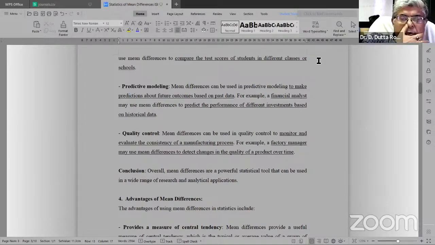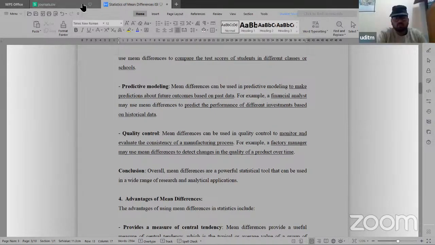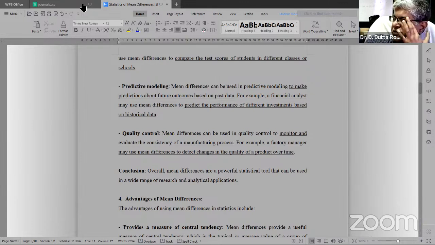Do you know predictive modeling? No, sir. If you don't know, please ask ChatGPT. No problem. Or you can ask that this is the mean difference statistics, particularly the student t-test. Okay, sir. So your question is important.